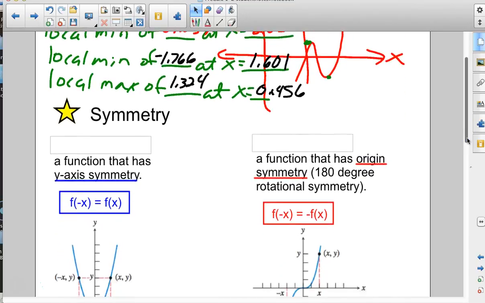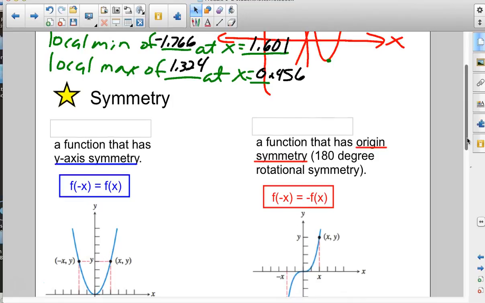Another really good concept, like we haven't had enough in this section, is symmetry. So symmetry, we can have what's called even symmetry. Even symmetry means that the y-axis is the axis of symmetry for our graph.